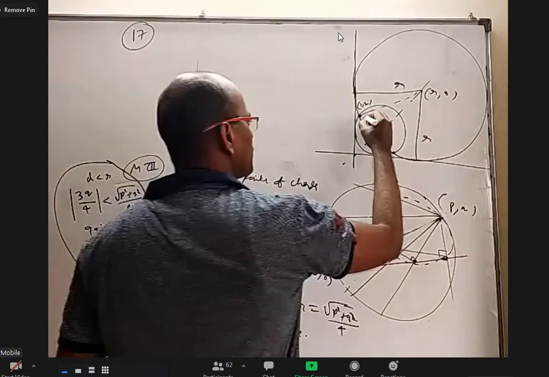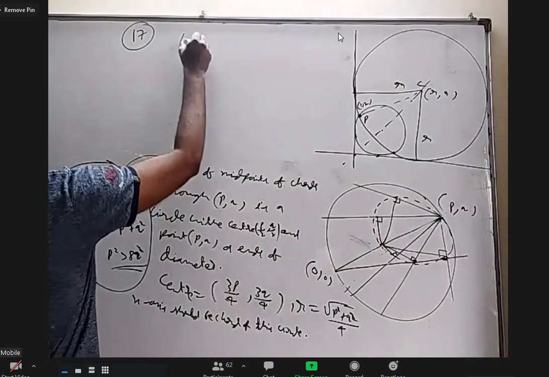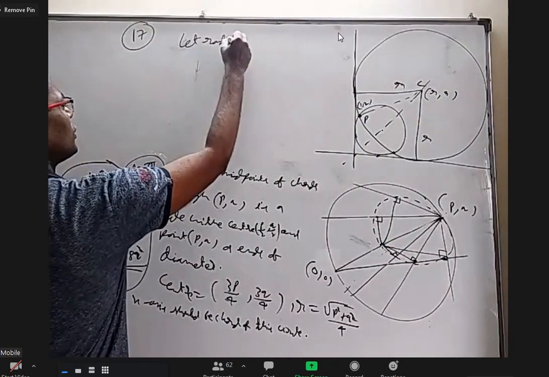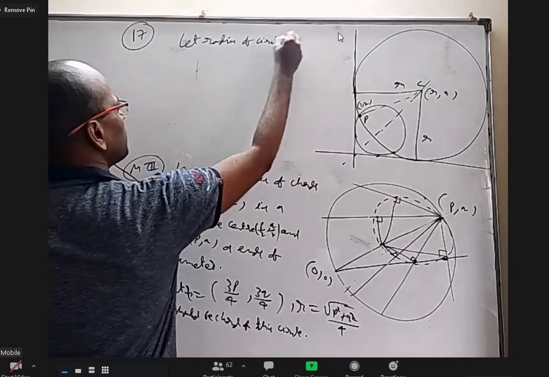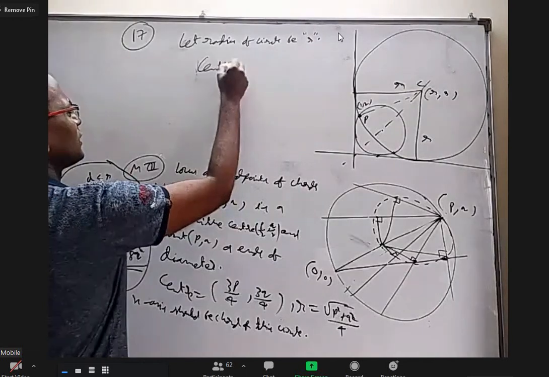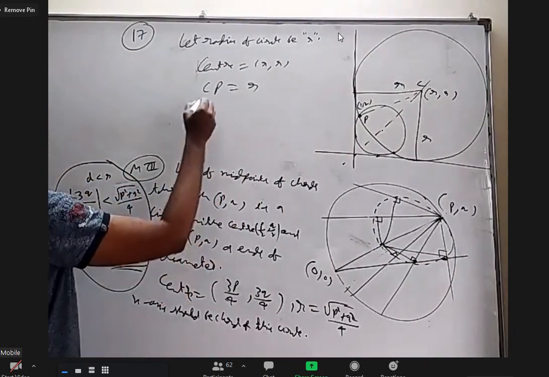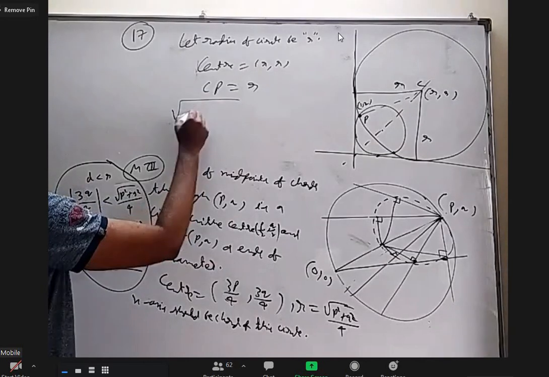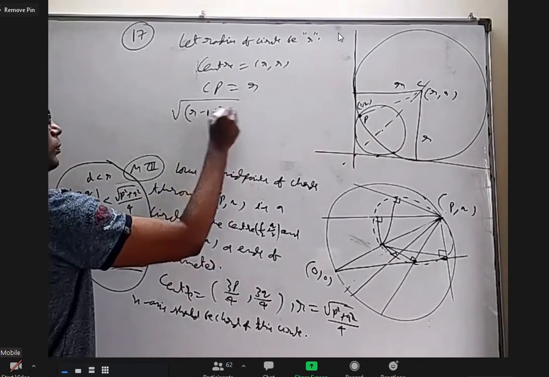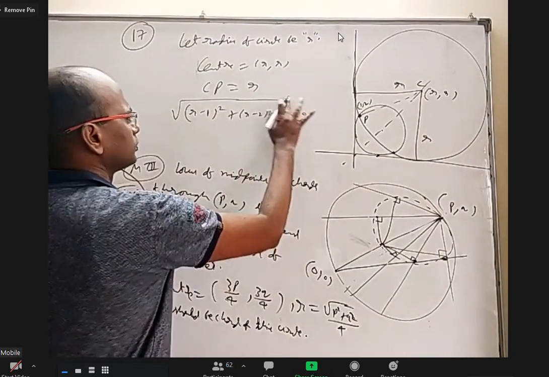So this is P, this is C. Let the radius of the circle be R. Center is R comma R. CP also should be R.